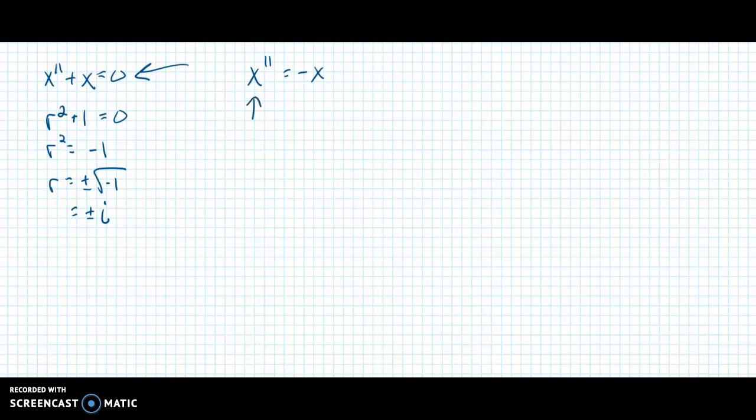This says start with a function, derive twice, and then get back the negative version of the original function. So the question is, what do you know? If I say it, you'll be like, oh yeah, you know two functions, in fact, that do that. Derive them twice, they come back to themselves, but the negative version.